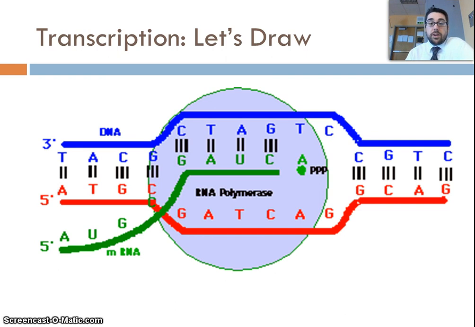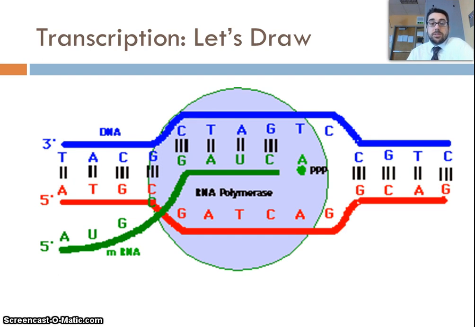The other thing we want to notice is the stuff that opens it up, this giant circle around it. That's RNA polymerase. This is nice about RNA and protein synthesis, because instead of having 3 enzymes that we do for DNA replication, we have one. RNA polymerase. It's an enzyme that opens it up.